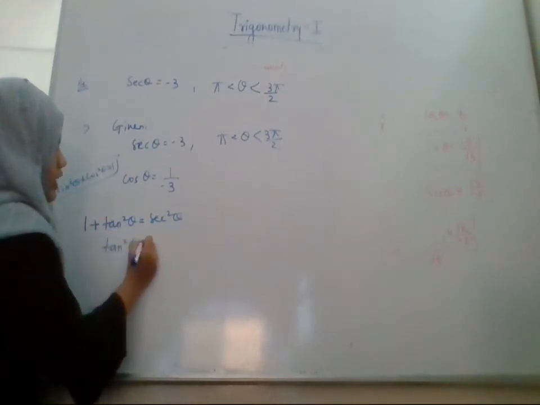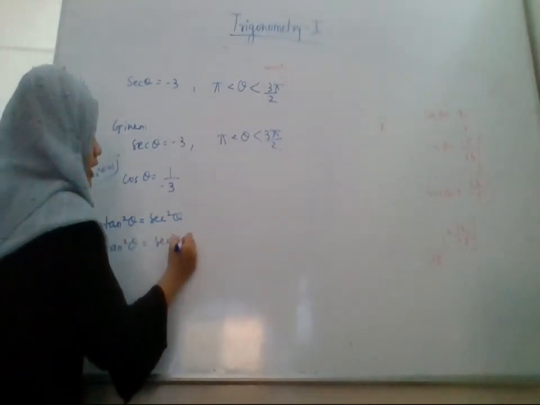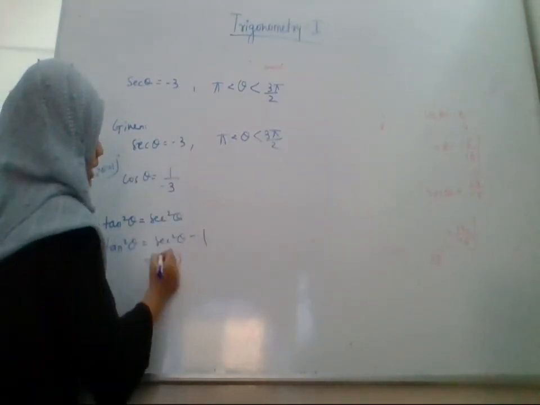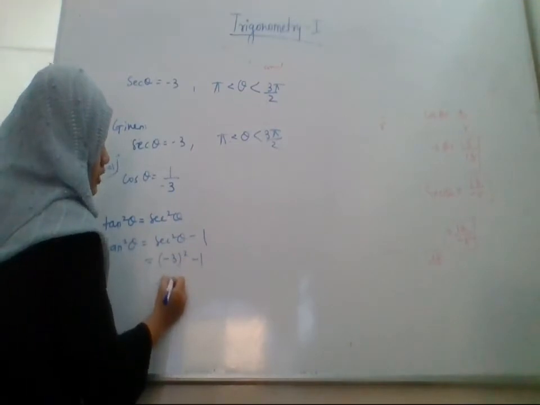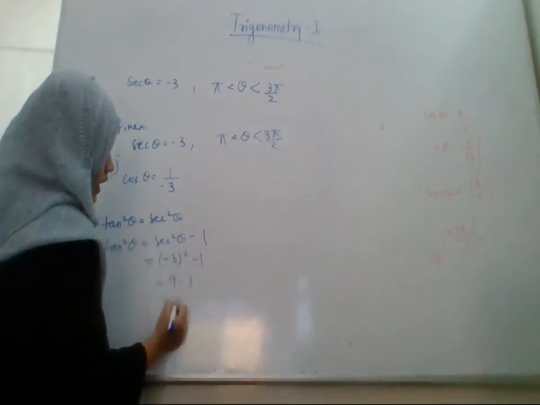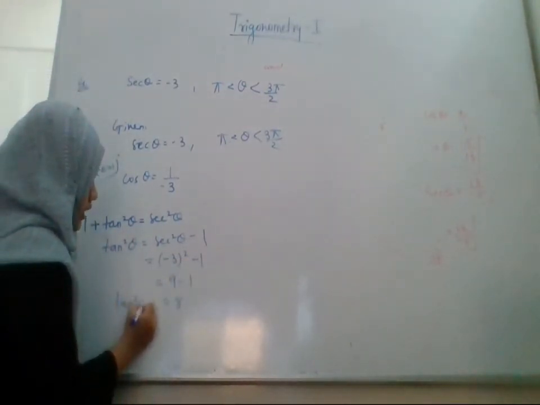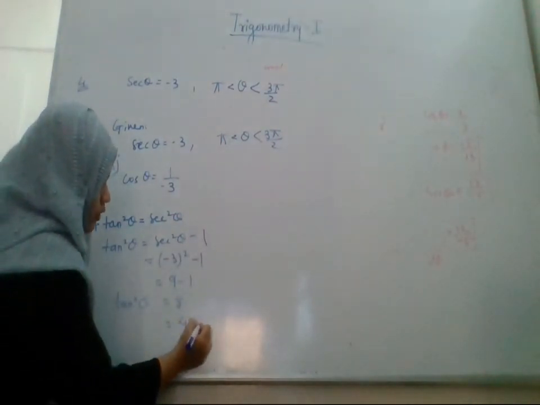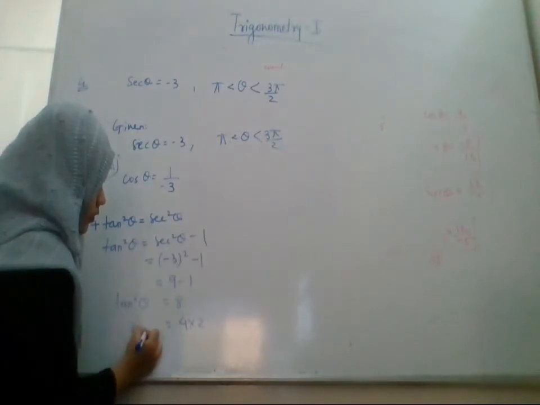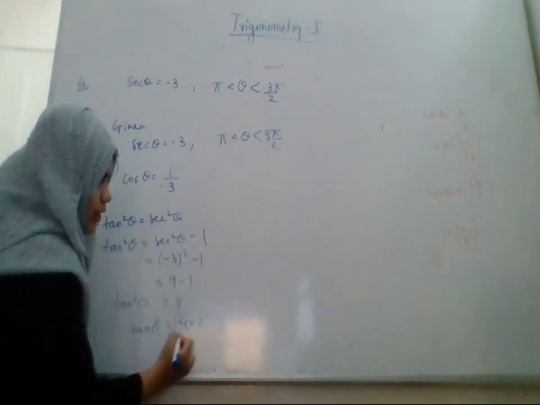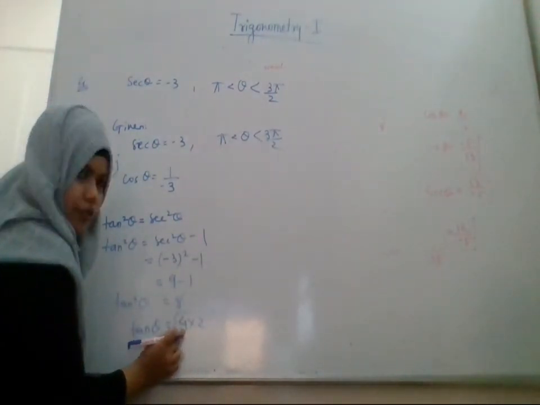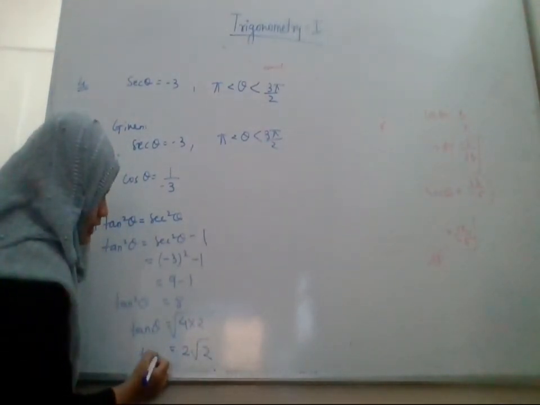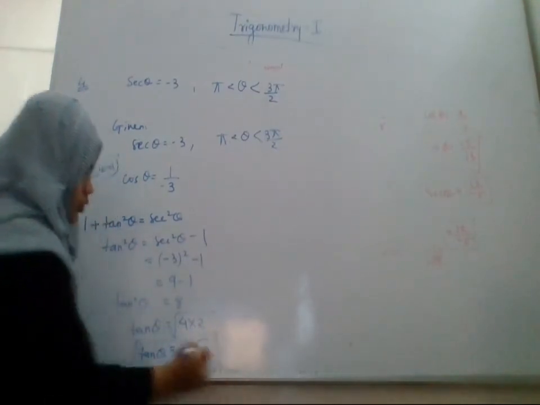So tan square theta is equal to sec square theta minus 1. We have sec square theta which is equal to minus 3 square minus 1. So this is 9 minus 1 which is equal to 8. So your tan square theta is 8. So you can write 8 as 4 into 2. Right? So therefore tan theta is under root of 4 into 2. The under root of 4 means 2 root 2. So the value of tan theta is equal to 2 root 2.